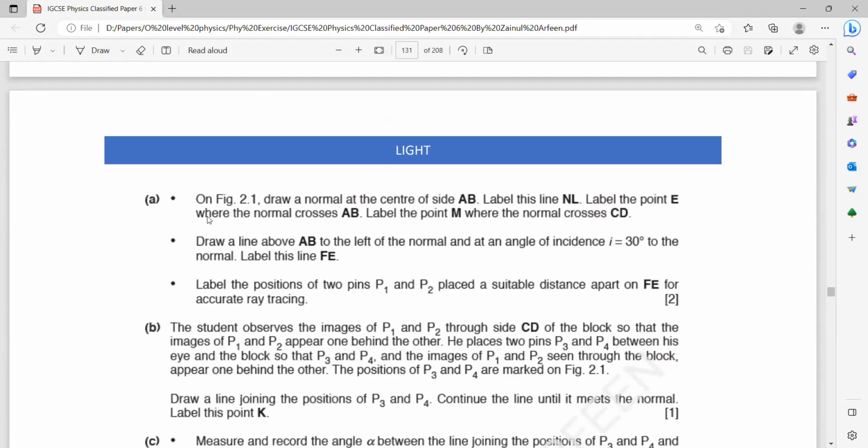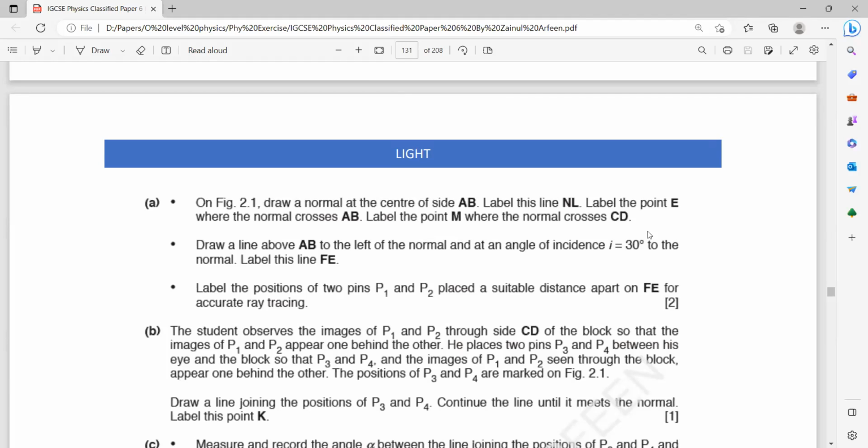Again, you have to follow the instructions on figure 2.1: draw a normal at the center of AB and label this as N and L. Label the point E where the normal crosses AB and label the point M where the normal crosses CD.